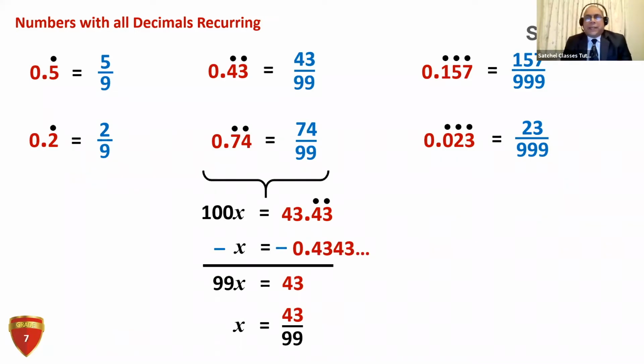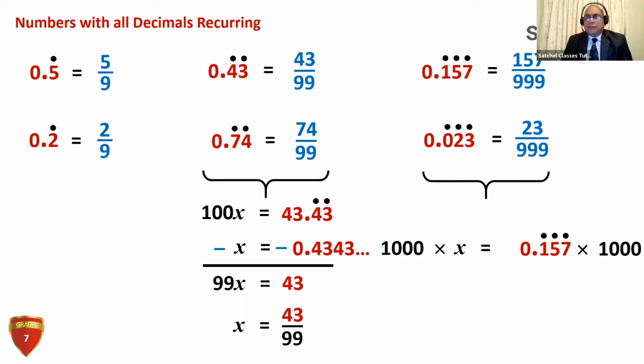Let's take another one, say 0.157 recurring. All three digits are recurring. So what do you think we should multiply x by? You guessed it right, 1000, because 1000 has three zeros, and multiplying by 1000 will shift the decimal three places to the right. So 1000x is 157.157 recurring.